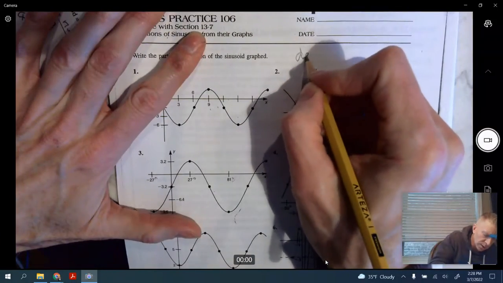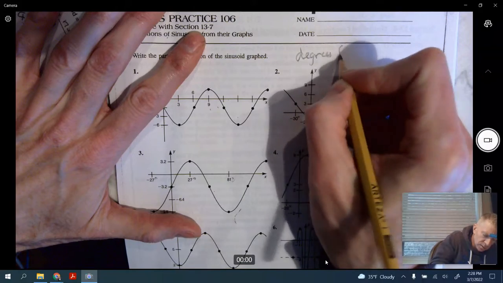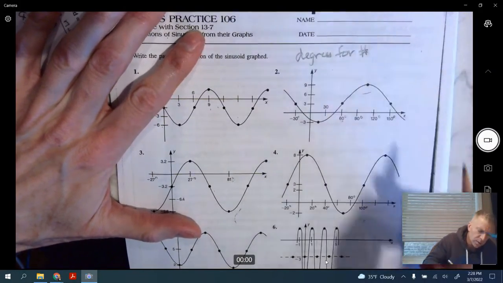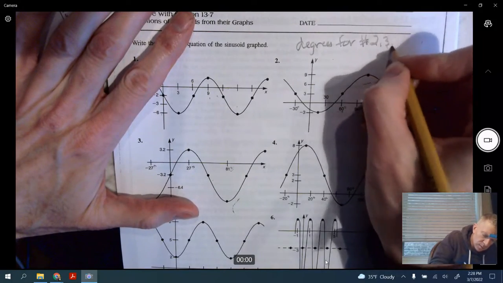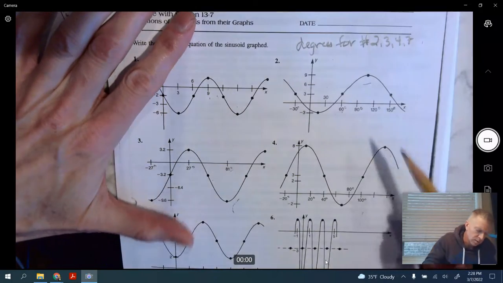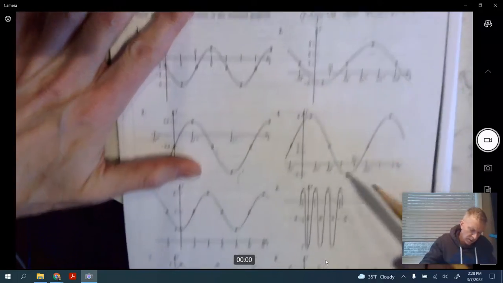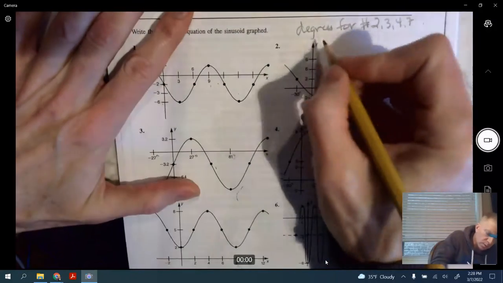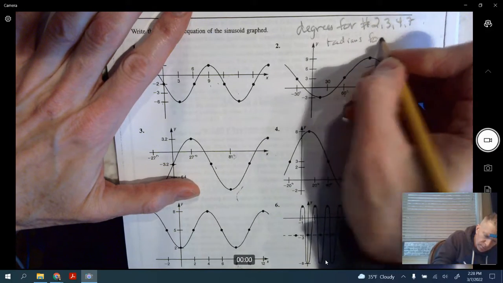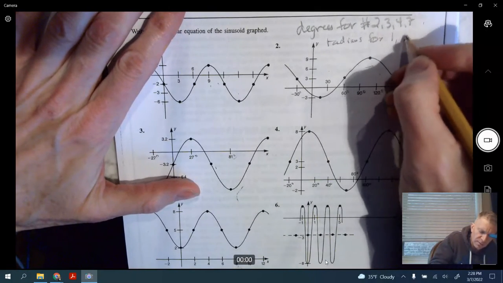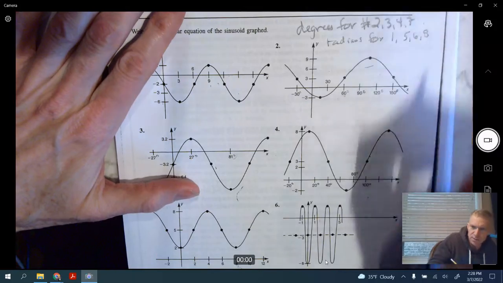So you're going to do degrees for numbers 2, 3, 4, and 7. And you're going to do radians for the rest, 1, 5, 6, and 8.